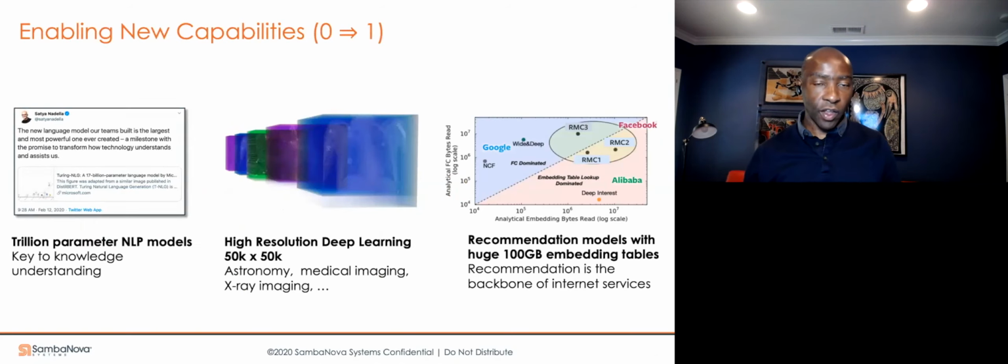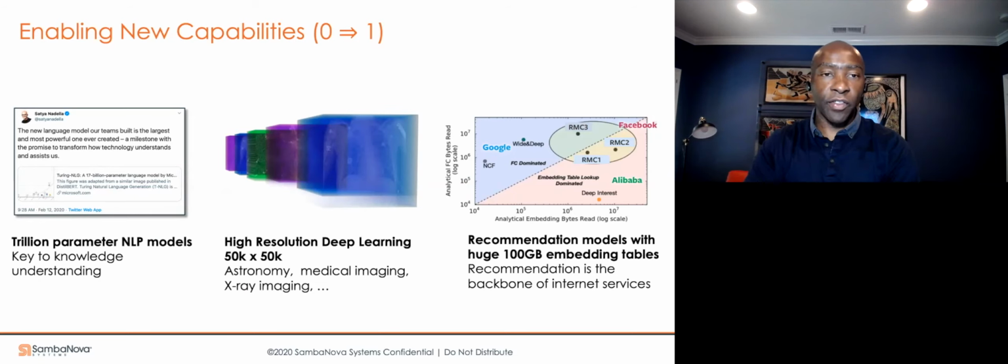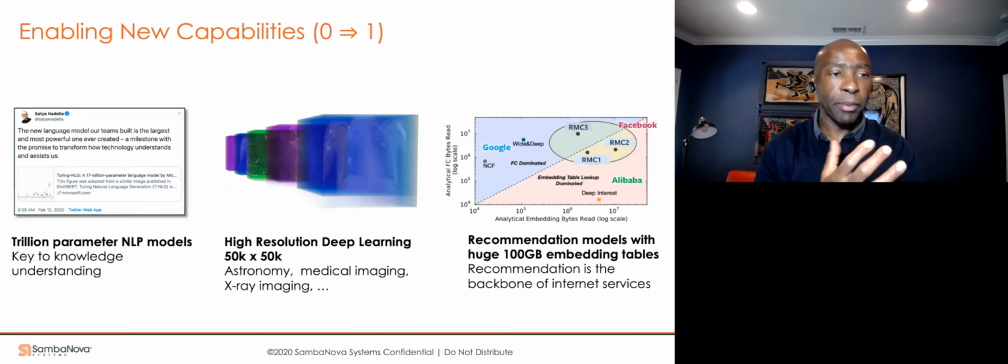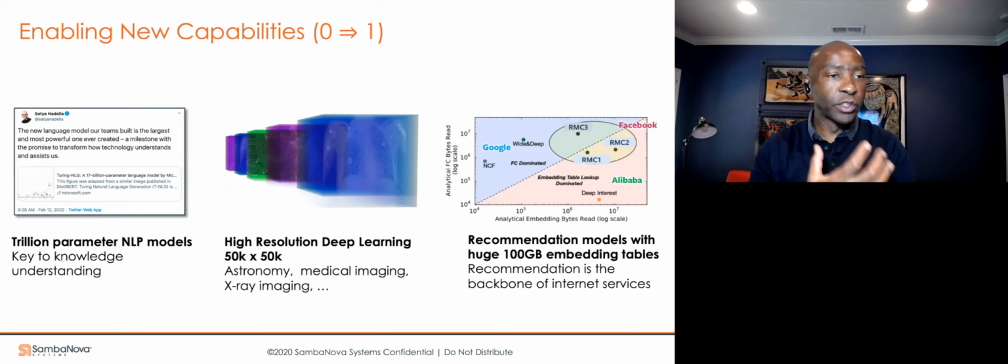So first of all, there are three large models that we're focusing on. One is very large parameter natural language processing models. We know that these large parameter models like GPT-3 and so on have huge capabilities. When people see the capabilities of these models, they're completely stunned, and that's enabled by trillions of parameters.